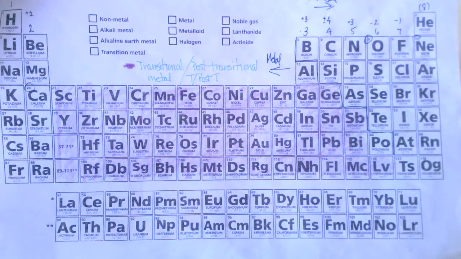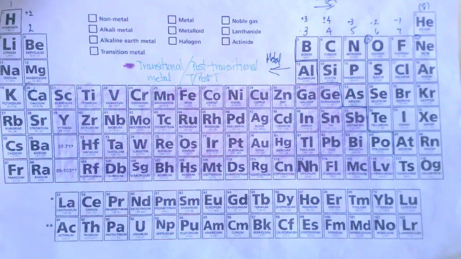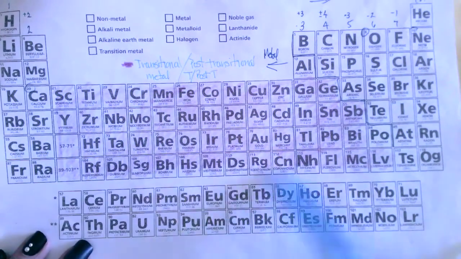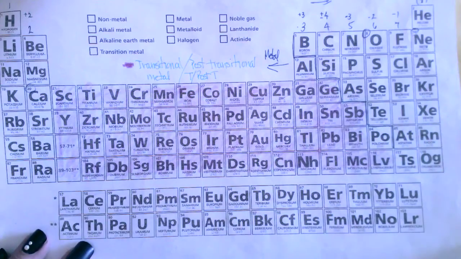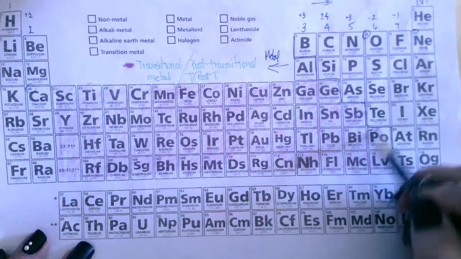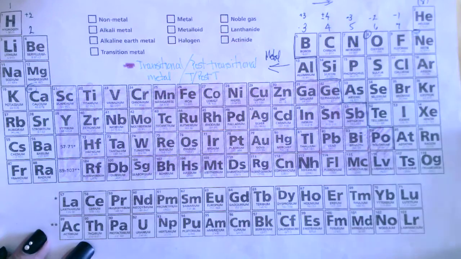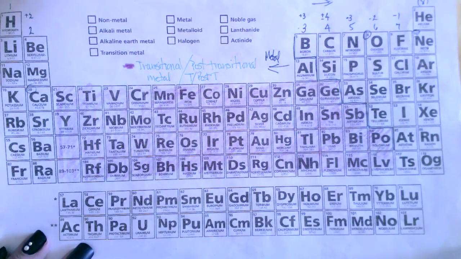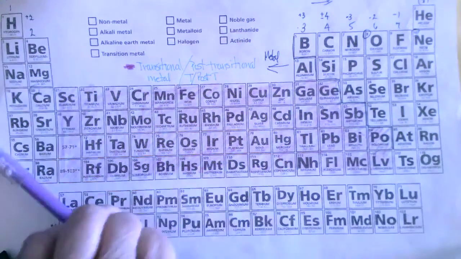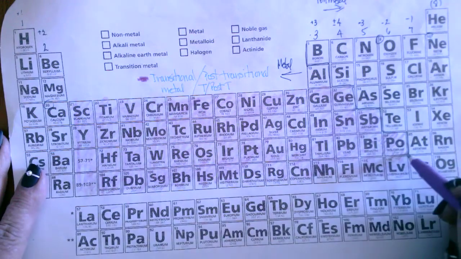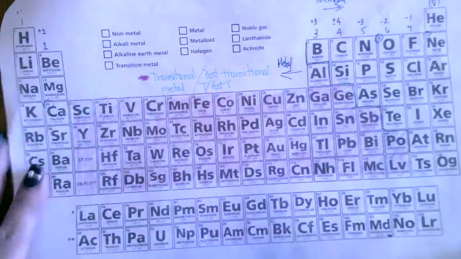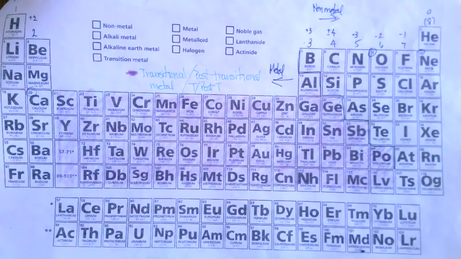You don't really need to identify the difference between transitional and post-transitional. It's just what they're called. You just need to know that if it's in this section of the periodic table, and the polonium should be colored in too. We will never deal with it, so don't worry about it, but technically it should be colored in. So if it is on this portion of the periodic table, then it's going to be a transitional, post-transitional metal.